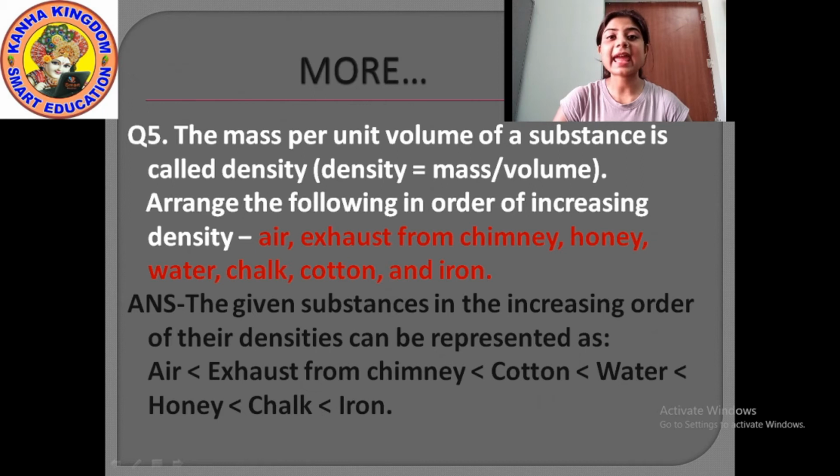First, it is air. Then comes exhaust from chimney. Exhaust means the smoke that comes out from the chimney. The density of air is less than exhaust from chimney. Why? Because more particles get mixed up with that smoke and it comes out. Then comes cotton.